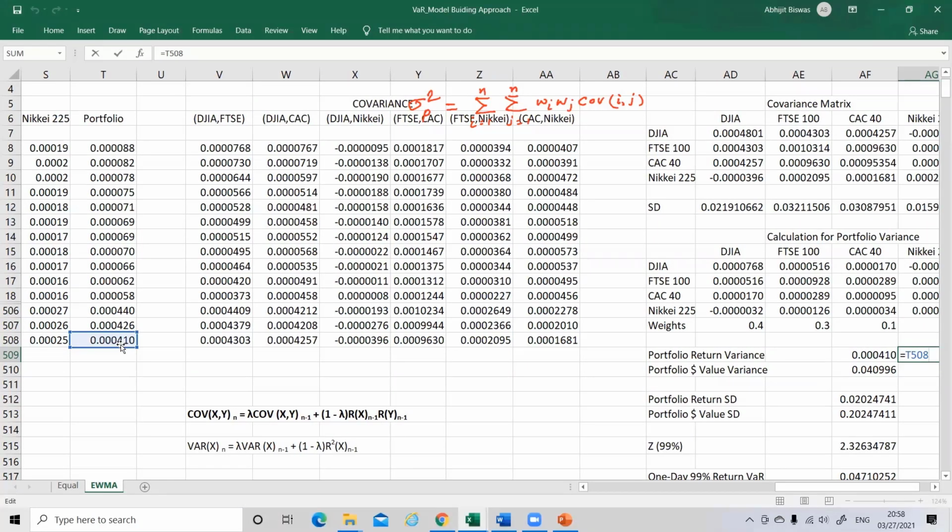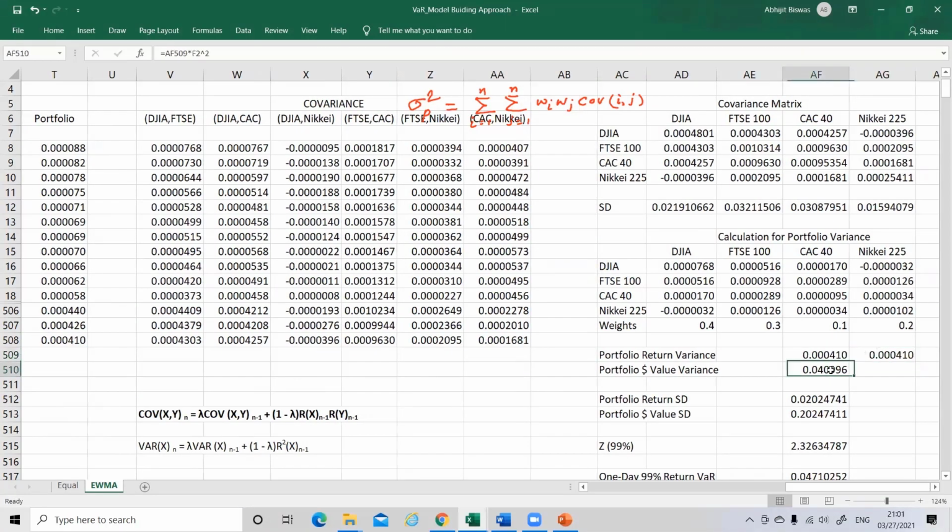Sorry, on 507 you have the portfolio variance as on 25th September, so on 508 you have the portfolio variance as on 26th September. Whatever portfolio variance we have computed using this process on 26th September should be equal to this number. And you see, that is what is happening. That means your calculations are all correct. You are getting the same answer, right?